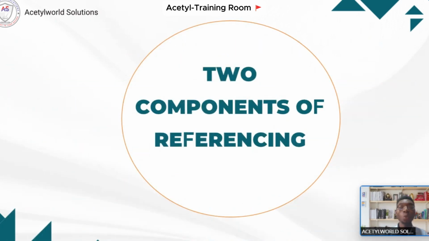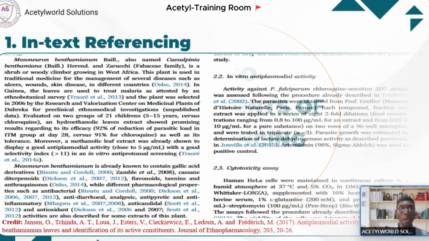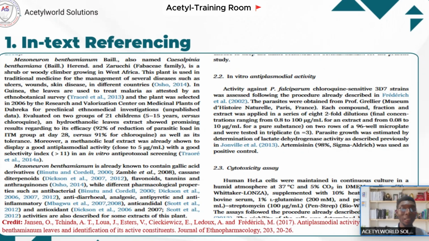There are two components of referencing. The first one is in-text referencing. This appears in the body of your text where you use the idea. You can see there is an example of an article on Mesonerum here, and you can see some in-text citations or in-text references in it in blue.